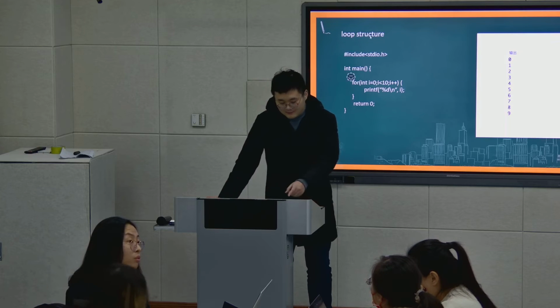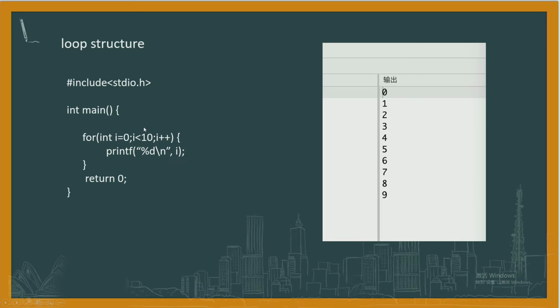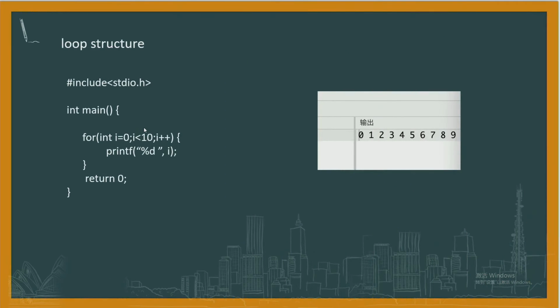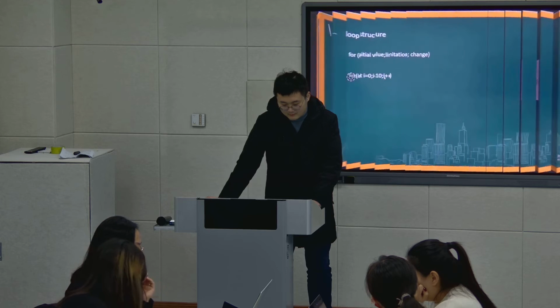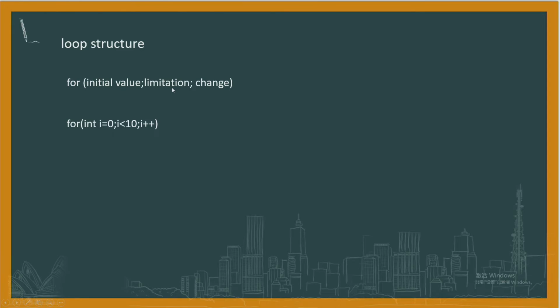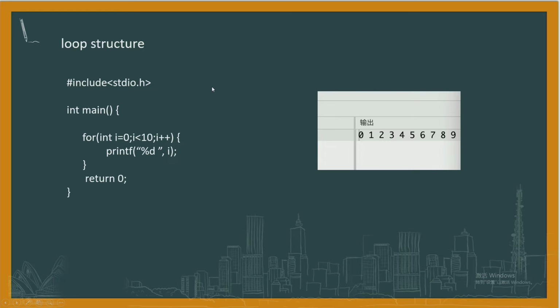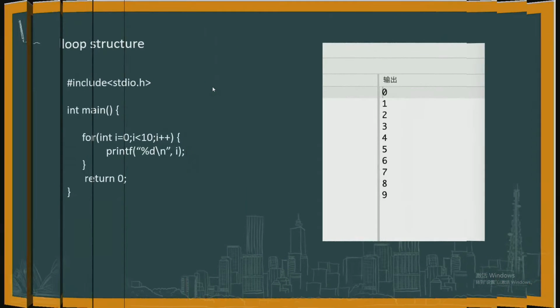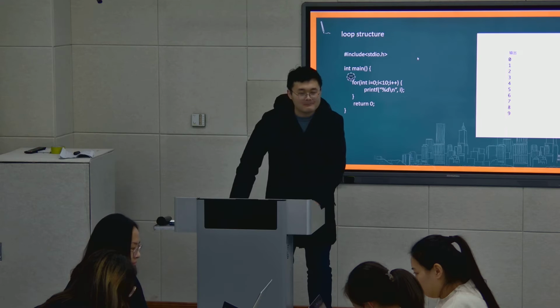In the middle is the limitation. You can see here i is smaller than 10, right? And every step we change the value of i, that is i plus plus. So i plus plus just means i plus 1.